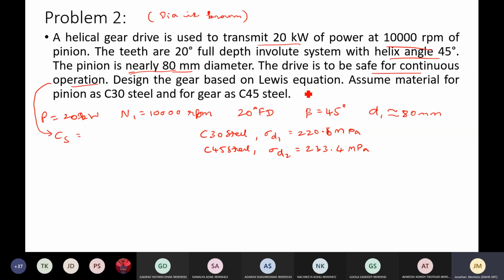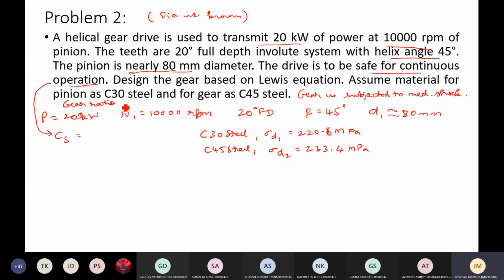Gear is subjected to medium shock. Actually this is a part of this continuous operation. So gear is subjected to medium shock, you can add. And gear ratio is also missing.